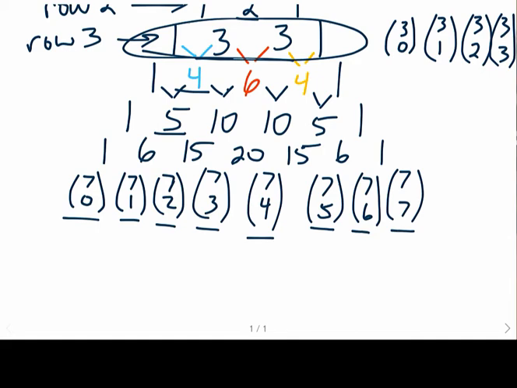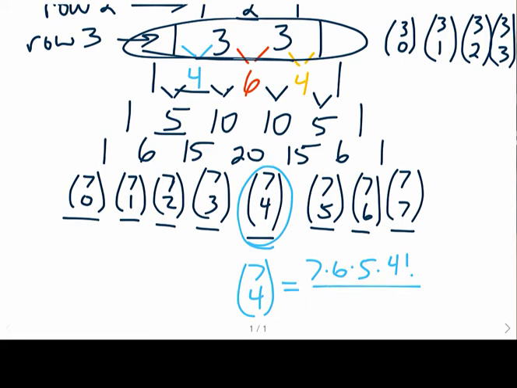And if we just pick a couple of these to look at, let's say 7 choose 4. According to my calculator, well, forget the calculator, it's 7 times 6 times 5 times 4 factorial divided by 4 factorial times 3 factorial, if you remember the formula for combinations.